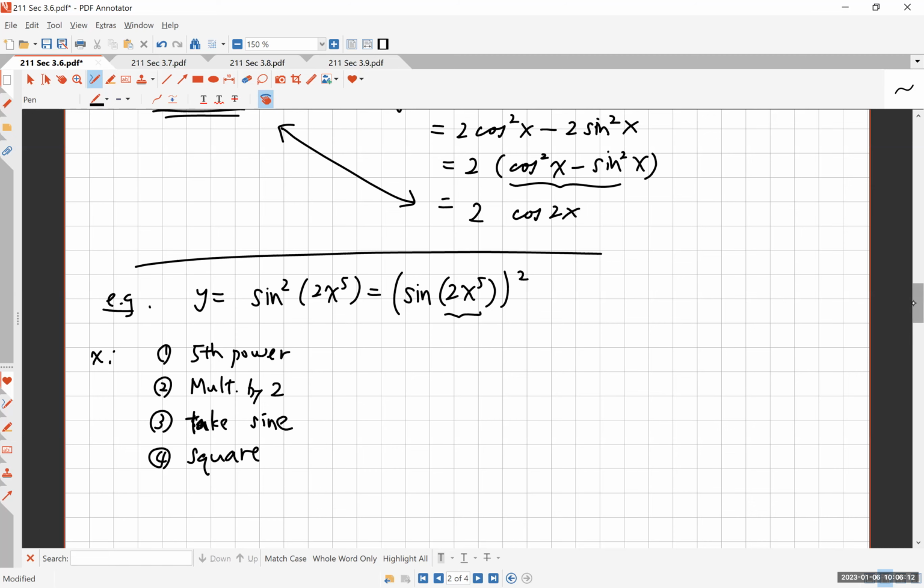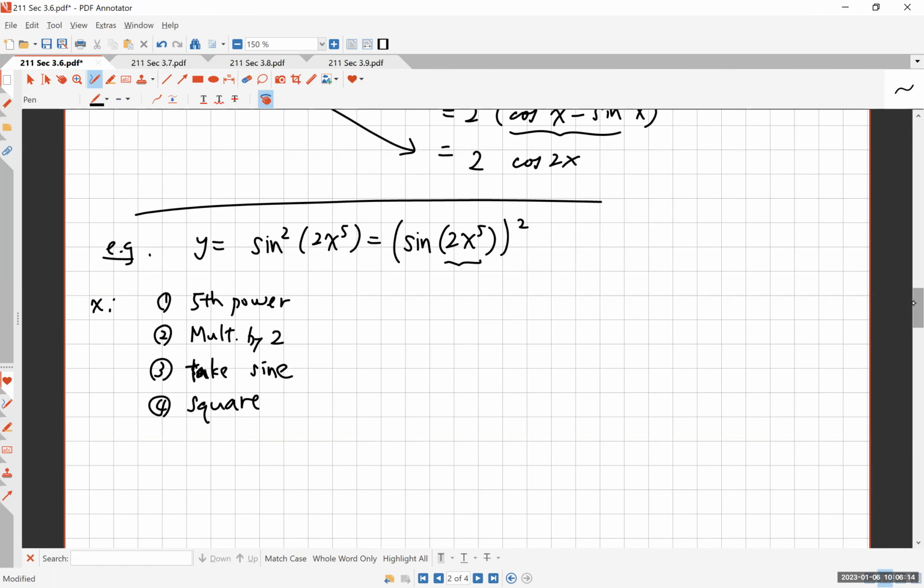So this really is the function consisting of at least 4 compositions. You can also think of this as a composition of 3 functions, if you like. The innermost function is 2x to the 5th. Let's go ahead and write this as f of g of h of x. The h is the first thing you do, so let's say h is equal to 2x to the fifth.